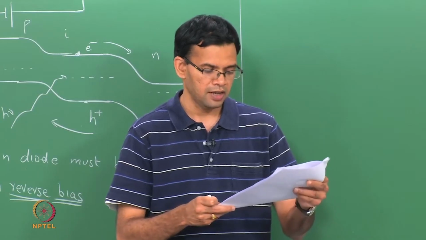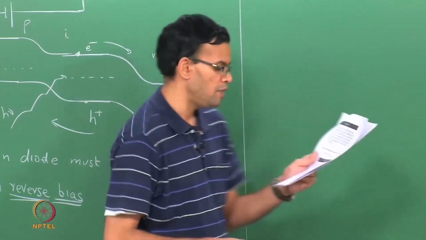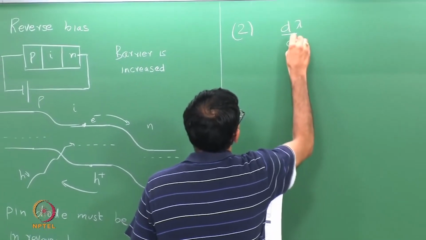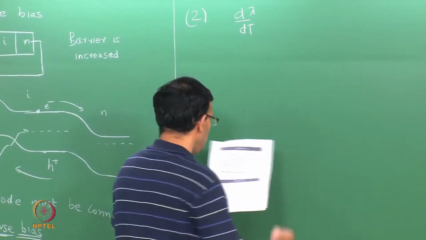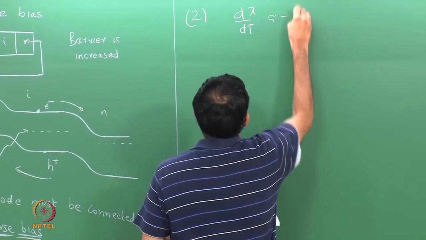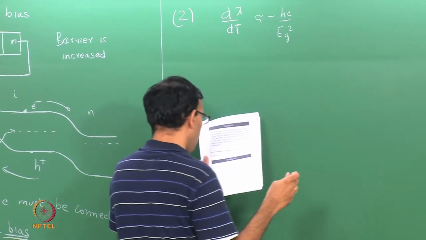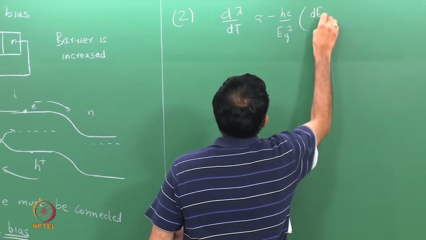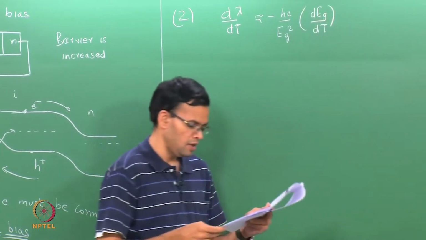In this particular case we are asked to show that the change in the emitted wavelength lambda, so d lambda over dT, the change in wavelength with respect to temperature, is approximately given to be minus hc over Eg square times dEg over dT.